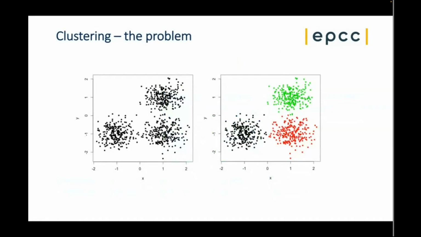So the idea behind clustering is as follows. If we as humans look at something like this on the left, we can probably see that this data sort of falls into 3 groups, 3 clusters. We can visualize that quite easily, at least in 2 dimensions, when this data has 2 different features.